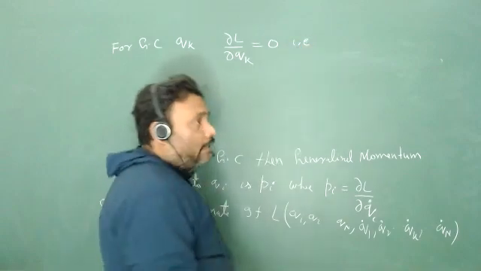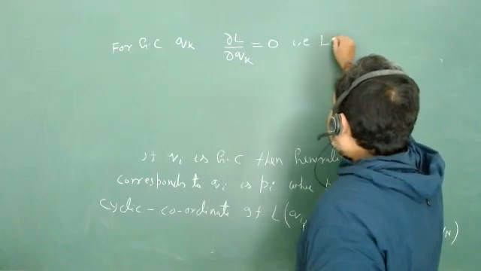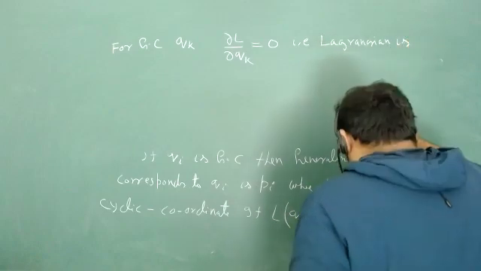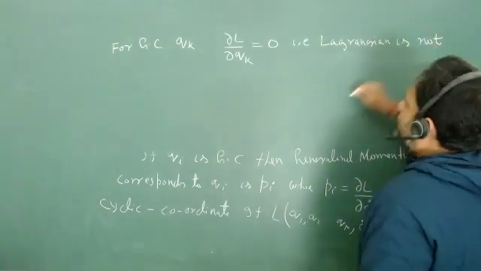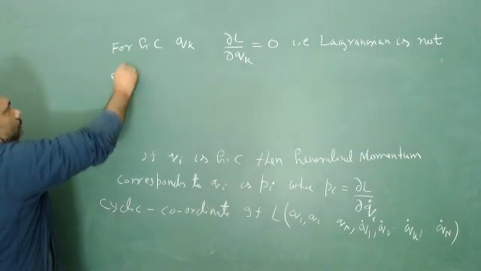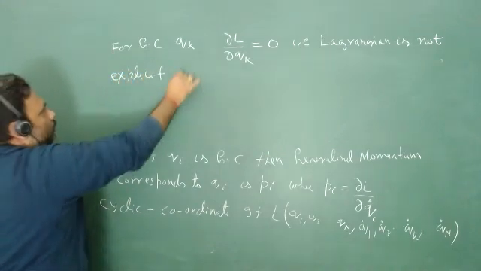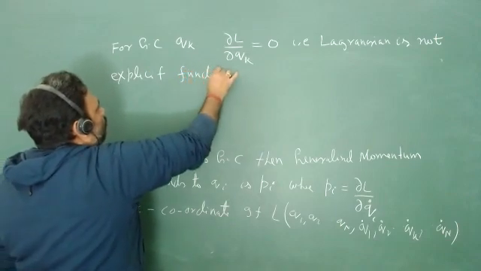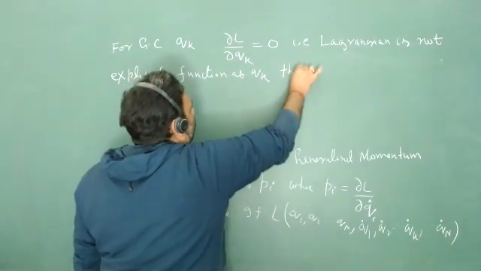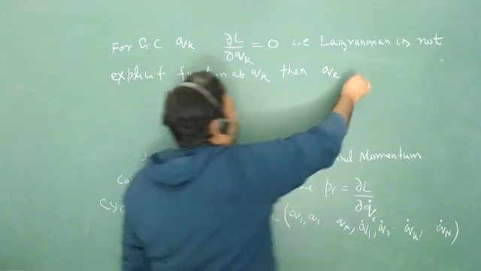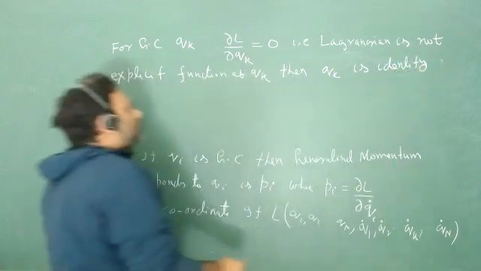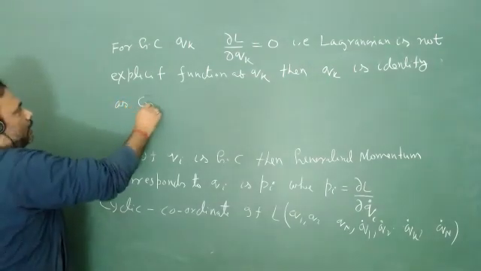the Lagrangian is not an explicit function of qk. We talked about explicit and implicit earlier. So if the Lagrangian is not an explicit function of qk, then qk is identified as a cyclic coordinate.